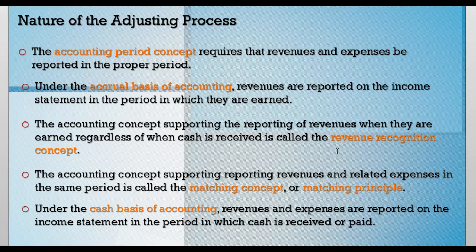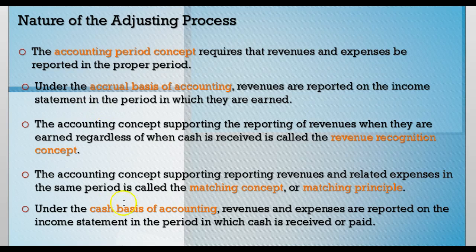So that is a little bit about what all the adjusting is about. We're looking at revenue that money hasn't been received yet, or all of it hasn't been completed yet, or expenses that may have already been incurred but not recorded. And I'll give you some examples of those in just a second.